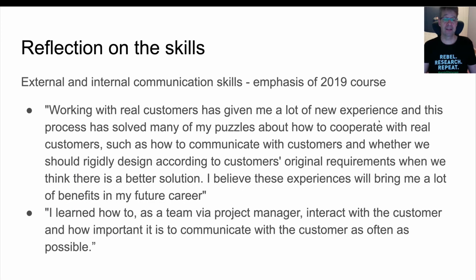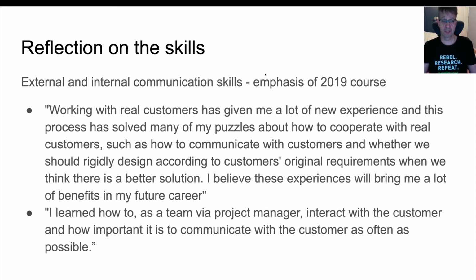If we are reflecting on these skills, I'm just selecting a couple of those categories that we have in the paper. We have the rest of those analyzed. But for example, for the external and internal communication skills, that was actually the emphasis of the 2019 course. It seems that the introduction of the real customers gave the students a lot of experience for the communication and cooperation with the customers.